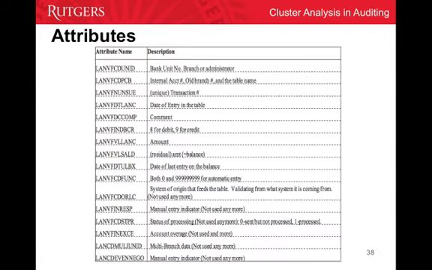And there are 16 attributes extracted for each transaction. This table lists these 16 attributes, where the first 3 attributes are identification types.